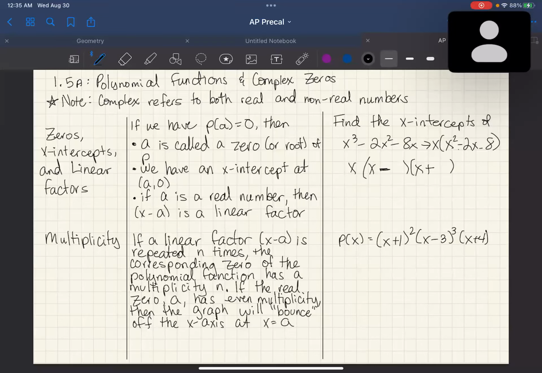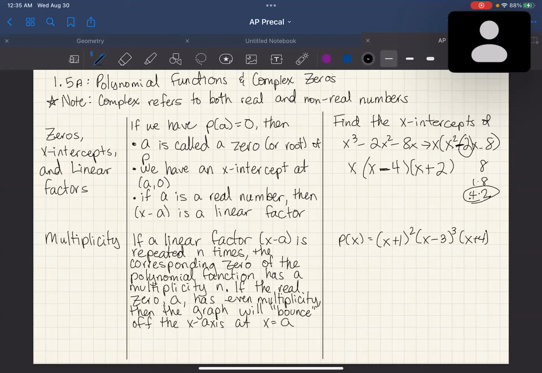The last step is to figure out what factors of 8 combine to give me this 2 in the middle. I only have 1 times 8 and 4 times 2, and I'm pretty sure 4 times 2 is the winner. Because I want a negative 2, my larger number of the factors takes the sign that I want. So that's going to be 4 and 2.